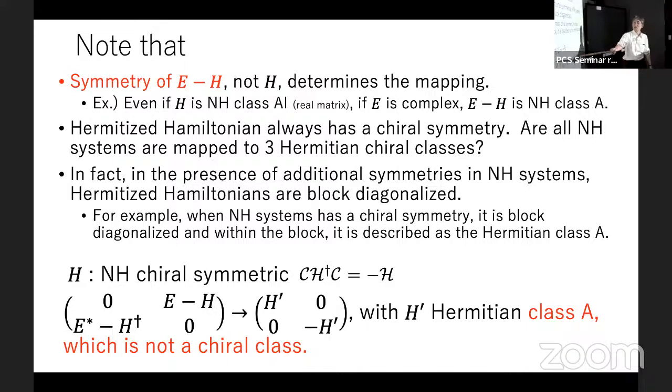They are the same matrix, but with a minus here. So the eigenvalues come in pairs, but the symmetry class is determined by H prime. And this H prime is, in this case, class A. So if we add symmetry to the non-Hermitian Hamiltonian, sometimes it is block diagonalized, and the symmetry is lower if we map it to the Hermitian system.